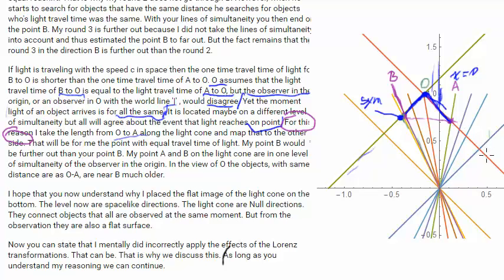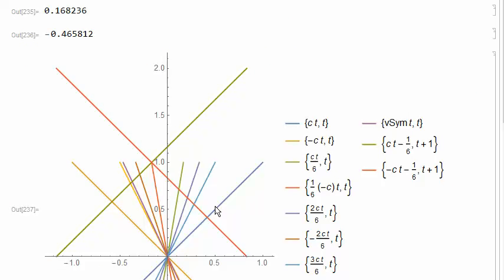That doesn't look even though, does it? Why doesn't that look even? I really want to fix this while I'm thinking about it. I don't think it's broken, it's just maybe some kind of optical illusion going on, that slope doesn't look right. But if I'm correct, then a line of simultaneity should connect this point where the light cone crosses A and this point where the light cone crosses V symmetric T.